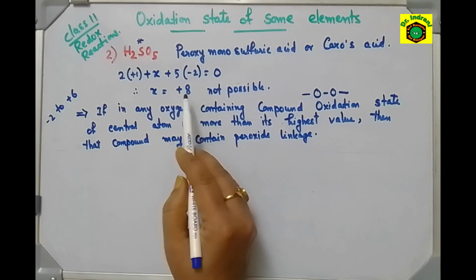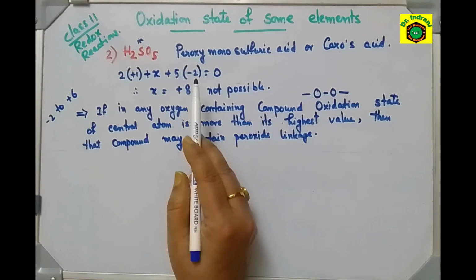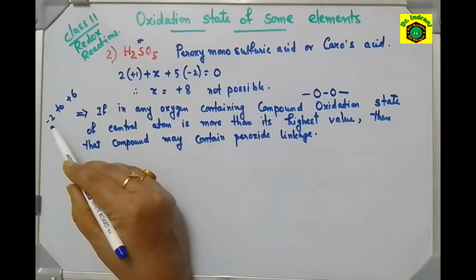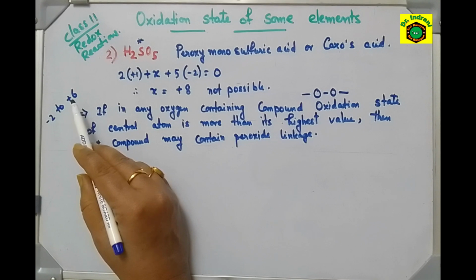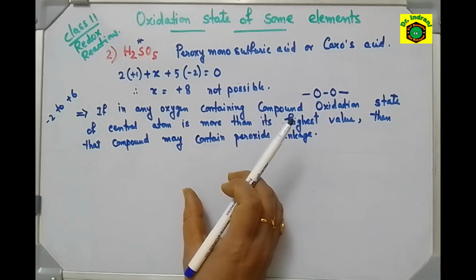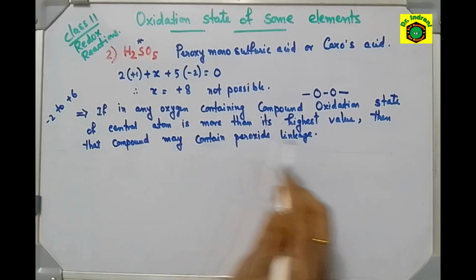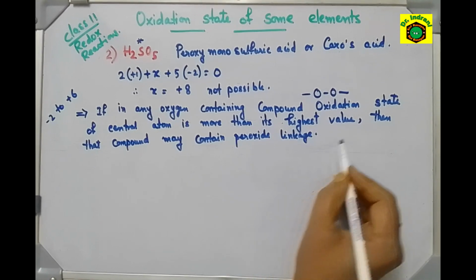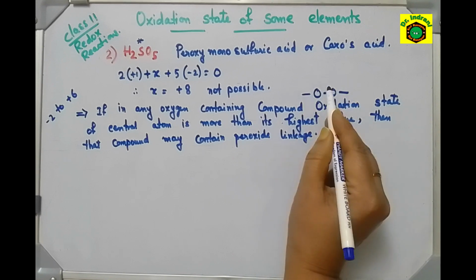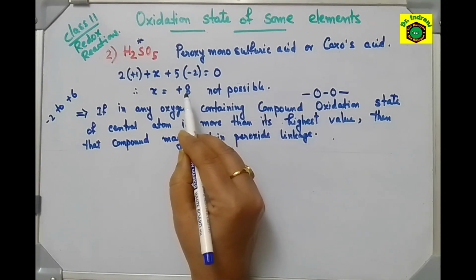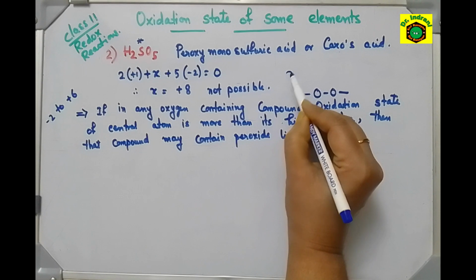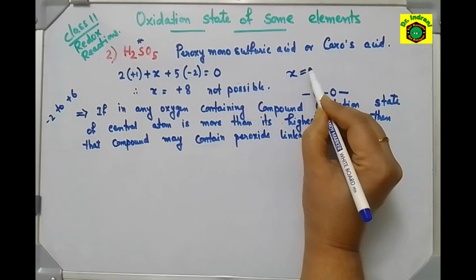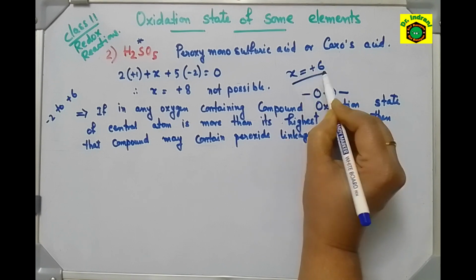So here we are getting the oxidation state of sulfur as +8, which is not possible because its value can be -2 to maximum +6. So in that case you can conclude maybe peroxide linkage is present in the molecule. Done. And what you will do here, you will directly write the oxidation state of sulfur is +6. The maximum value you have to write.